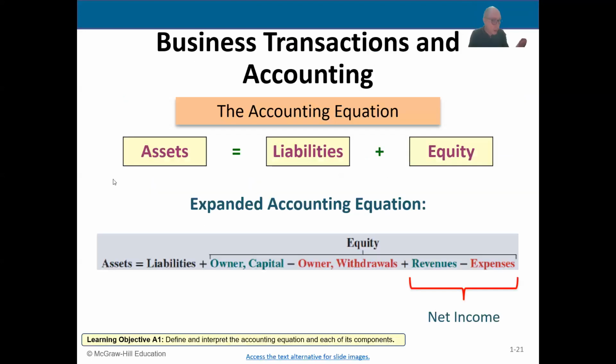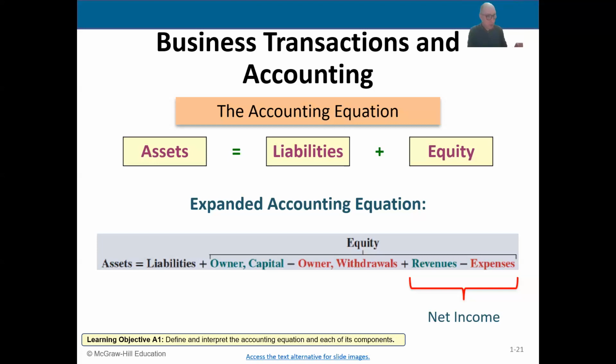Okay, so here is the absolute basis of accounting. This is what we call the accounting equation. The accounting equation is assets equals liabilities plus equity. Assets are what the business owns.